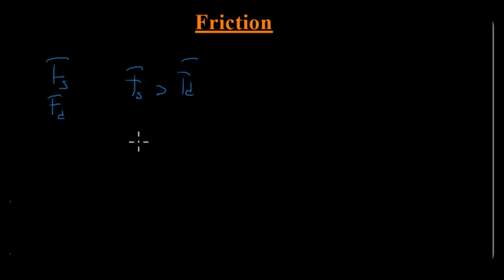Now, before we look at what the laws actually mean and why static friction is greater than dynamic friction, let's imagine an object being placed on a ground, be it a horizontal ground or a vertical ground. So you have this object, and then this is my ground.